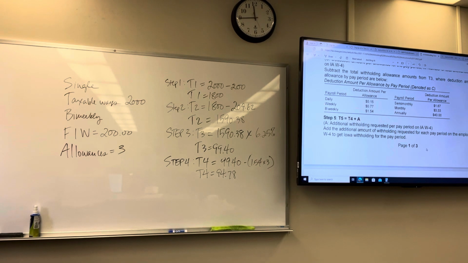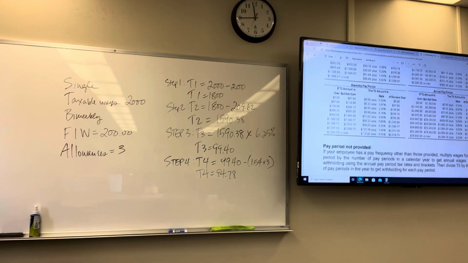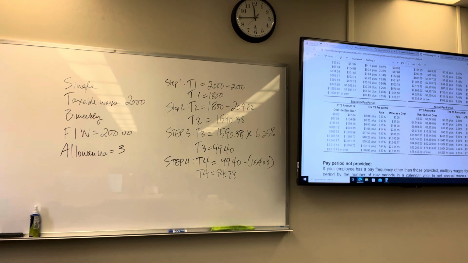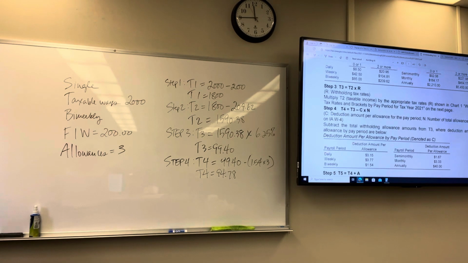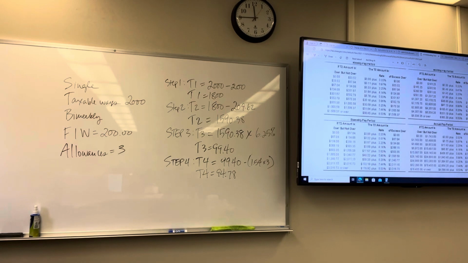And then any additional amount, T5, this would be additional withholding requested. Although they've got the calculation here for you as well. So 6.25, 60.20 plus 6.25% of the amount over. All right. Oh, I'm sorry, I just looked at the rate.